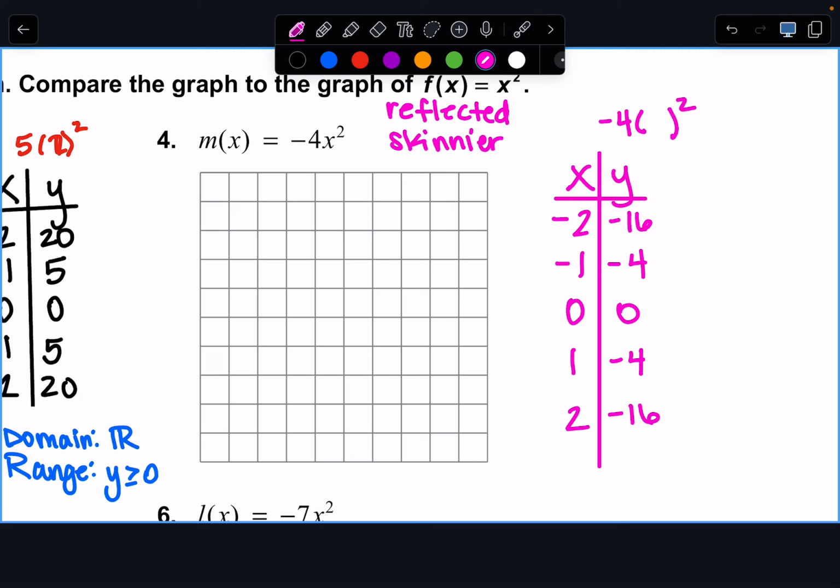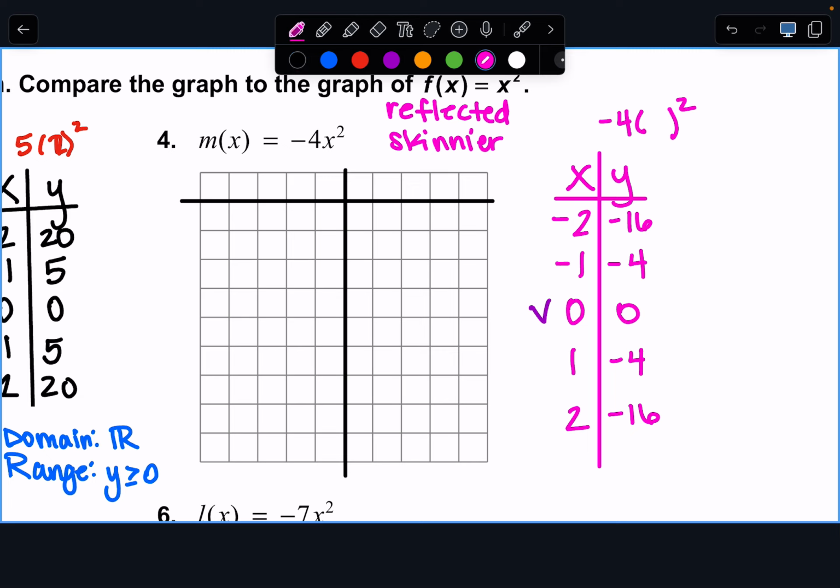We are always going to have symmetry around our vertex. Now, I'm going to make my x-axis way up here since it's going to go down. And I have a worksheet for you guys today, so the graphs will be on there for you. That will help.